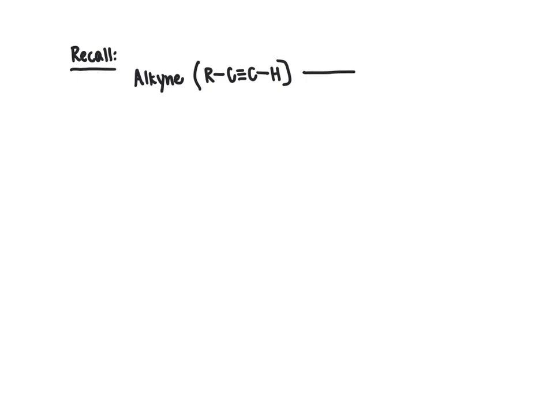And what we would do is treat that with a super strong base. For a super strong base, we were typically using things that had nitrogen anions, such as sodium amide, or lithium diisopropyl amide would also qualify. That strong base would create a favorable equilibrium for deprotonation of the alkyne.